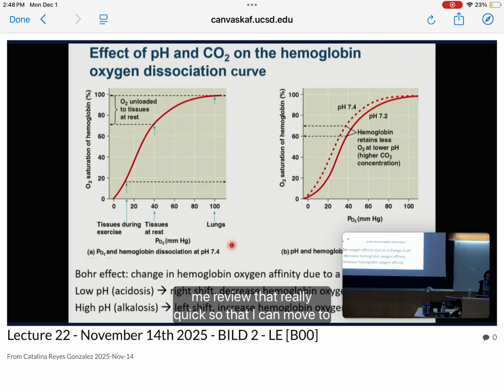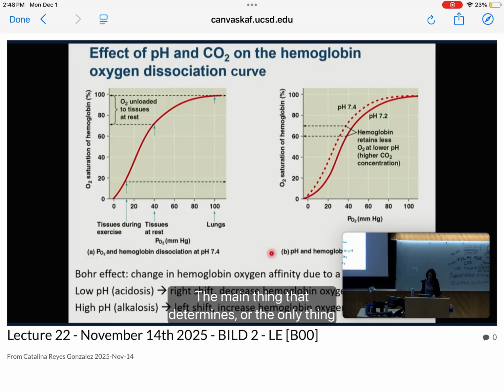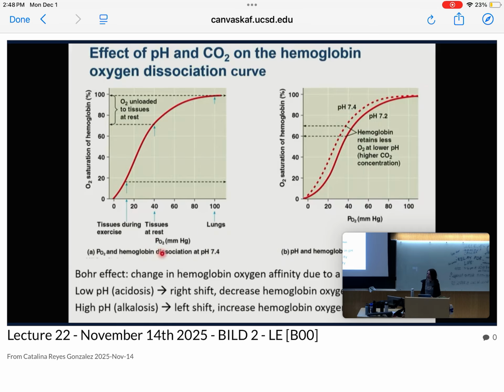Let me review that really quick so that I can move to the next slide, the one I ended the recording on. The only thing that really determines hemoglobin oxygen saturation is the partial pressure of oxygen. Normally you put the partial pressure of oxygen in arterial blood on this x-axis.